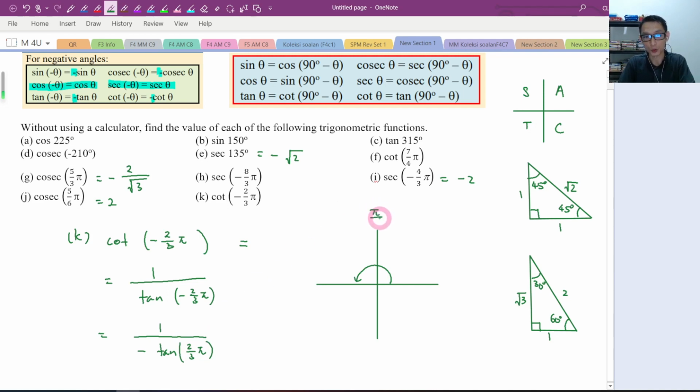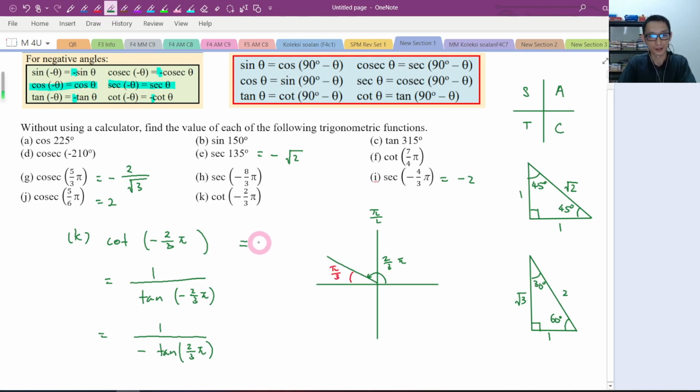This is pi over 2, which means 90 degrees. So we know that this angle is over here. This is 2/3 pi. And the reference angle is, 180 degrees is pi, right? So pi minus 2/3 pi, it means 1 pi minus 2/3 pi. It will be pi over 3.